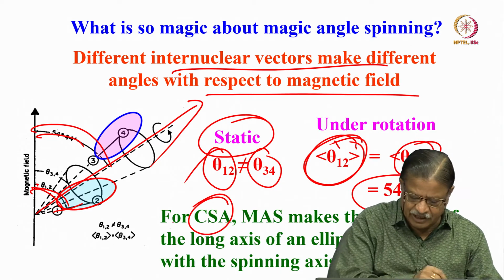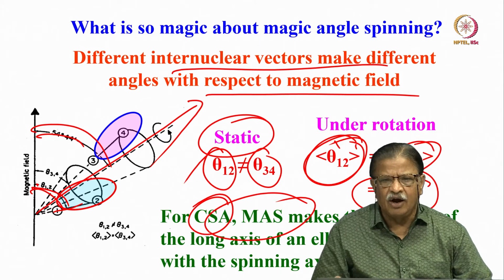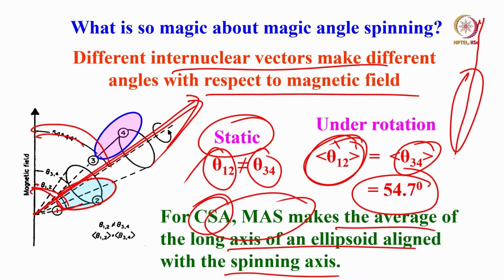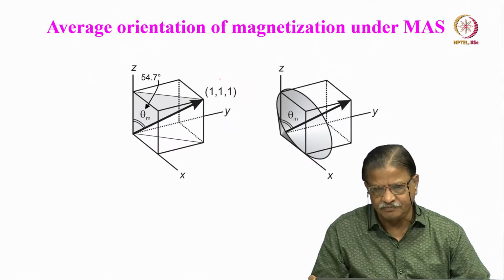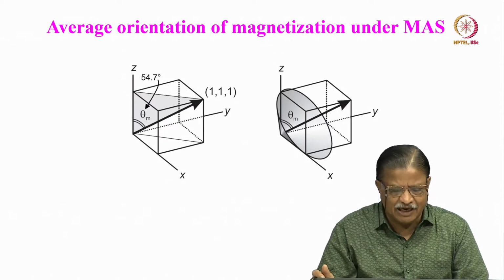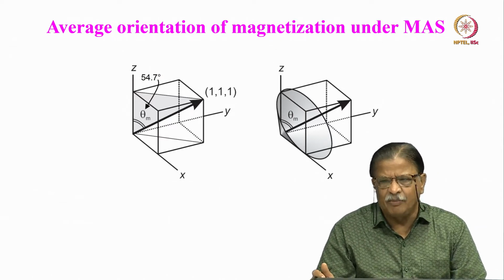So for chemical shift anisotropy, under magic angle spinning, the average long axis of an ellipsoid is now aligned along the spinning axis. If you consider CSA, you have an ellipsoid, the average long axis of the ellipsoid, or the internuclear vector in the case of dipolar coupling, all of them you can deem to be aligned along the magic angle.